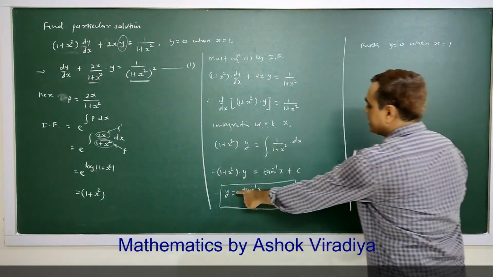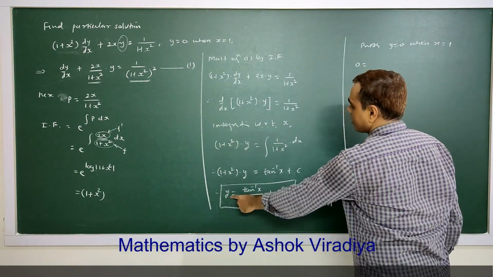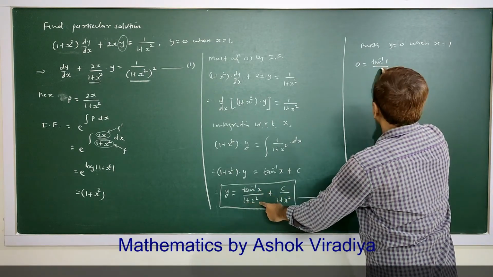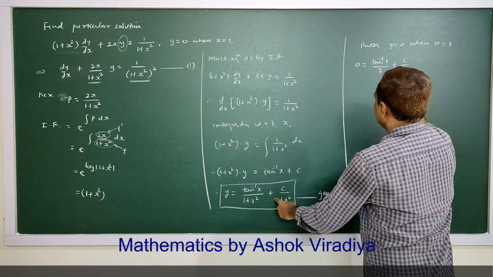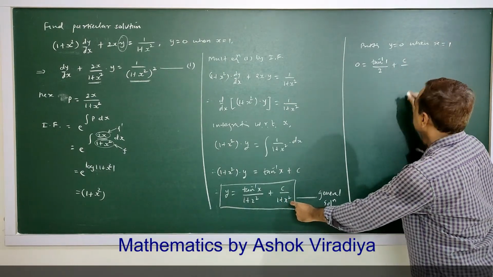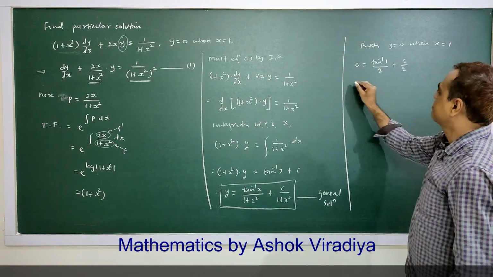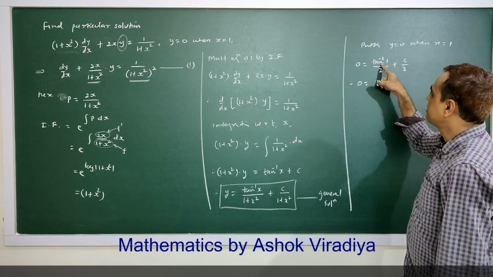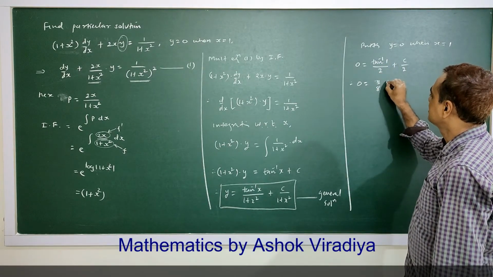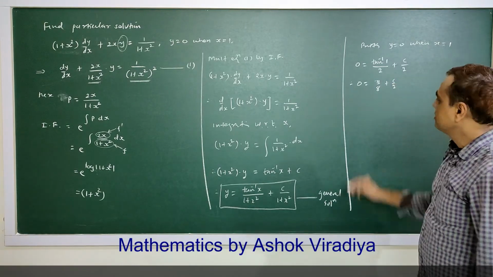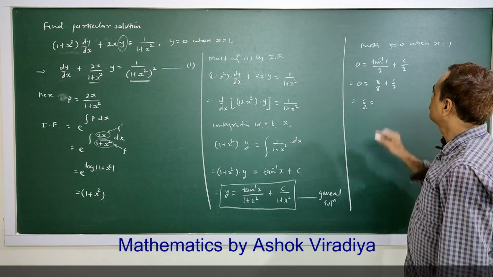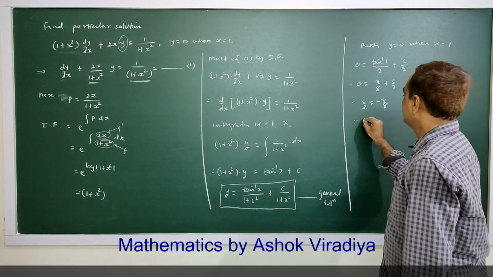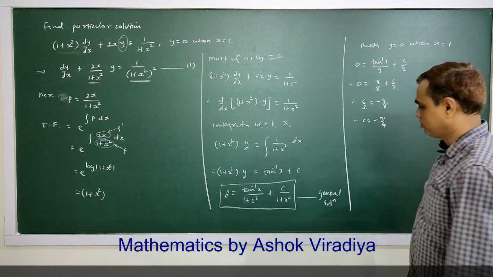So here y is 0, x is 1, here 1 plus 1 is 2, plus c upon, x is 1, so 1 plus 1 is 2. Therefore 0 equal to tan inverse 1, which is pi by 4, by 2, that is pi by 8, plus c by 2. Therefore c by 2 is equal to minus pi by 8. So c is minus pi by 4.